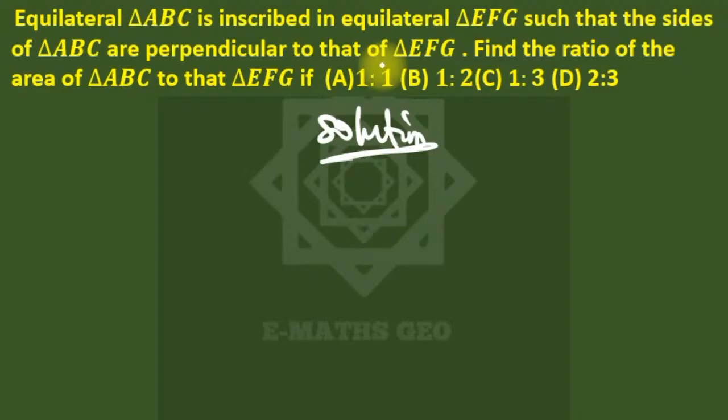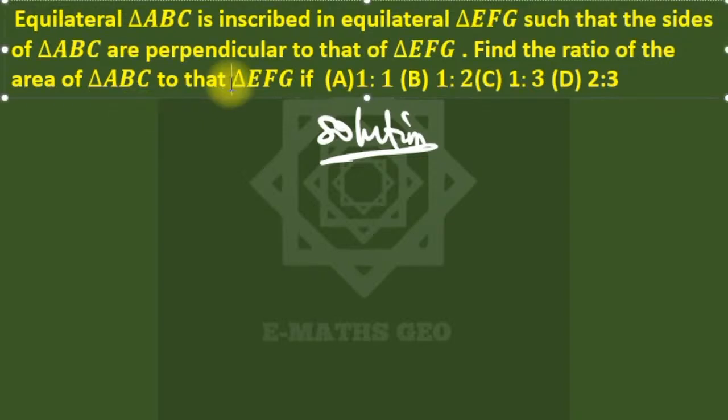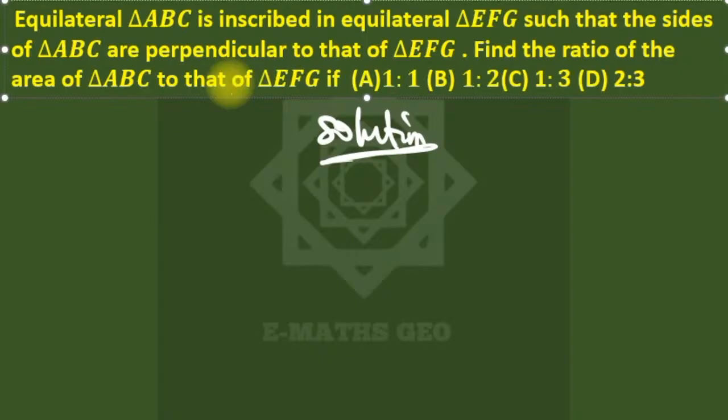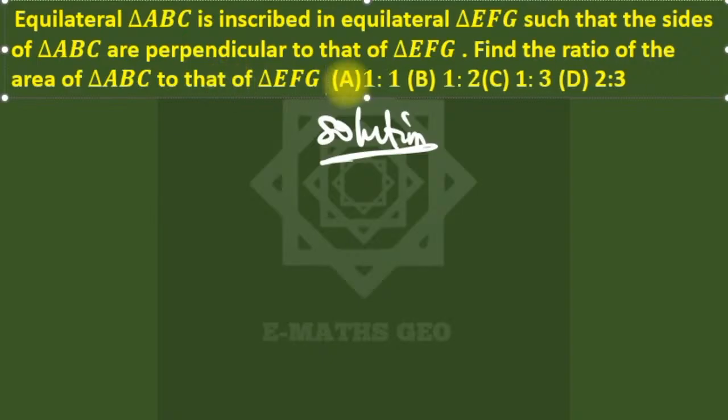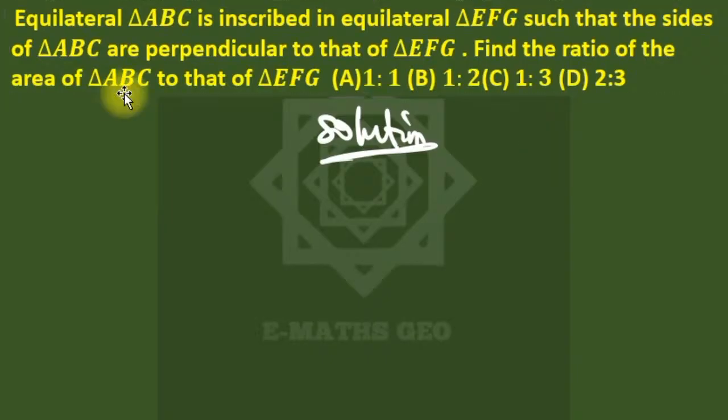Find the ratio of the area of triangle ABC to that of triangle EFG.